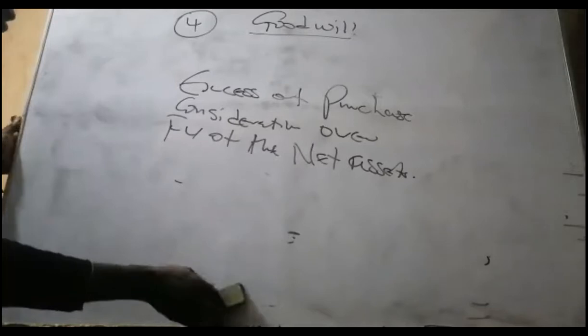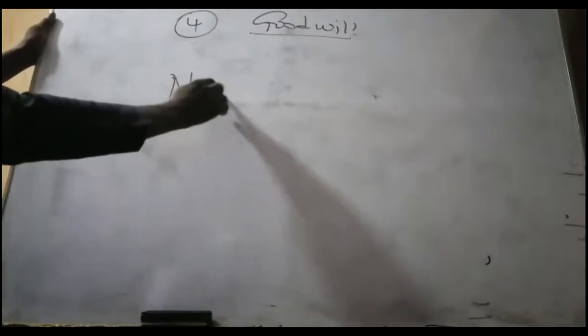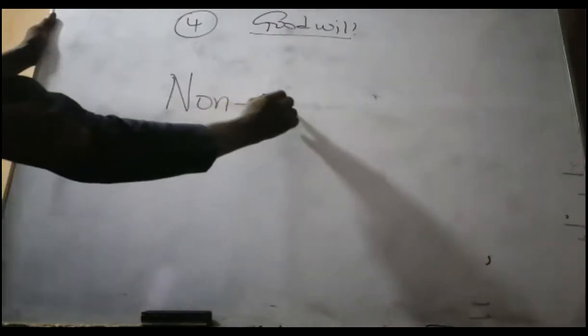But please let us be a bit careful about the calculation of the goodwill. There are two types of goodwill, or two ways in which we can determine the goodwill. All of them depend on how you value the non-controlling interest, the NCI.